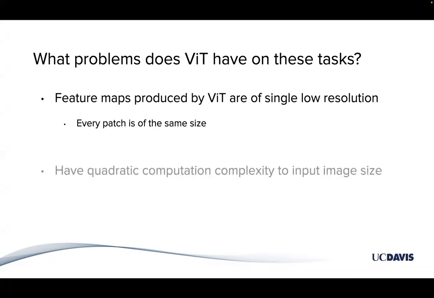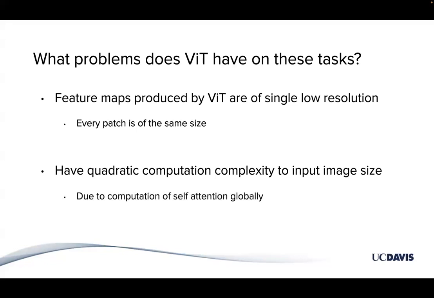And the other is, to achieve dense prediction like CNNs, we can't increase the number of patches to understand the image better at a smaller scale. This won't work because of the quadratic complexity, because this involves computation of self-attention globally.